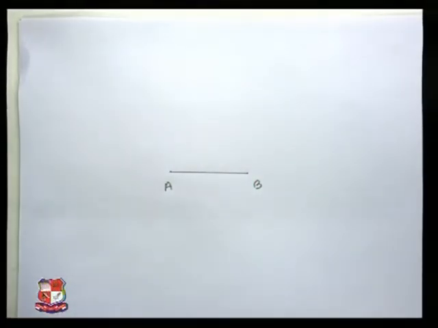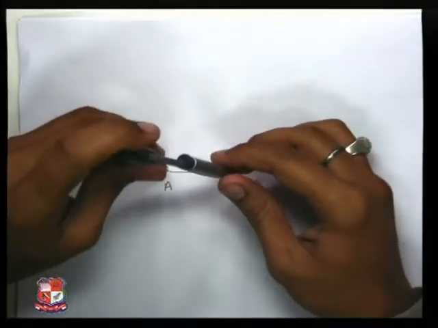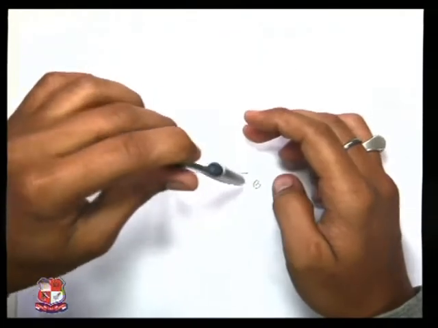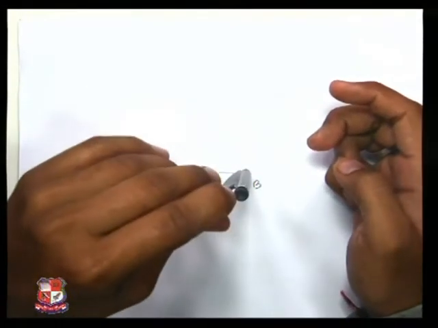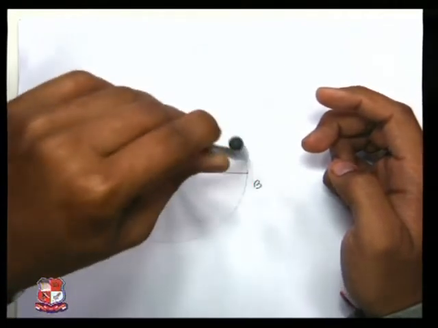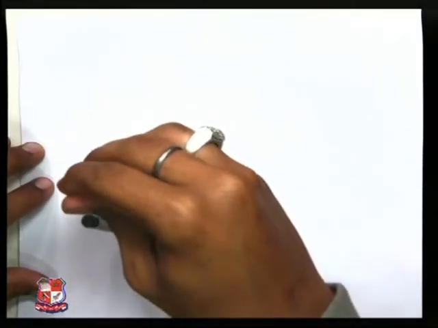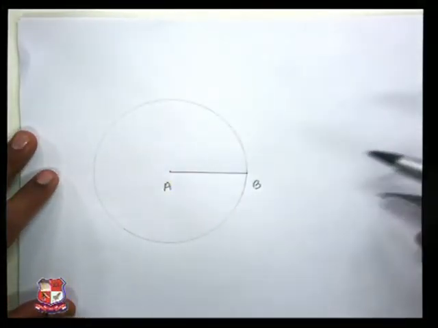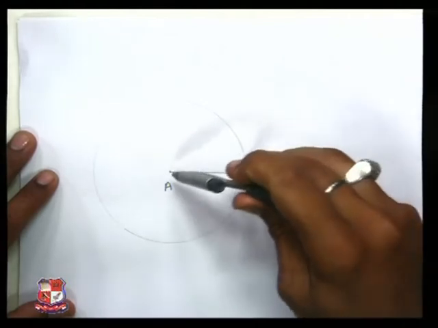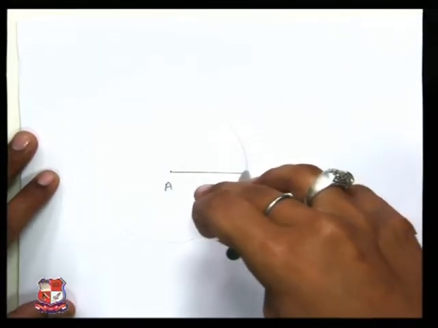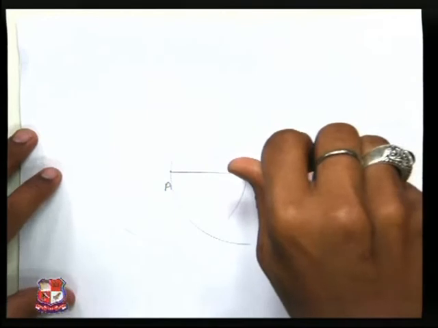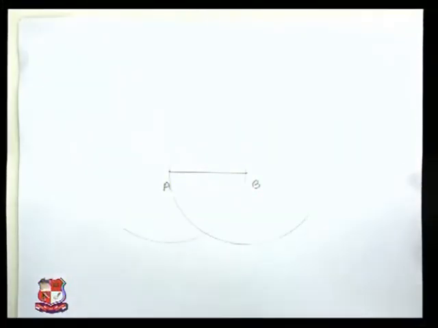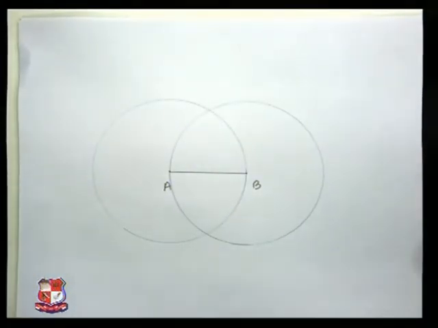Now, when we have taken this as radius, A is the center, AB is the radius, and we draw a circle. Same way, taking B as center, AB as radius, drawing a circle. We have drawn 2 circles.